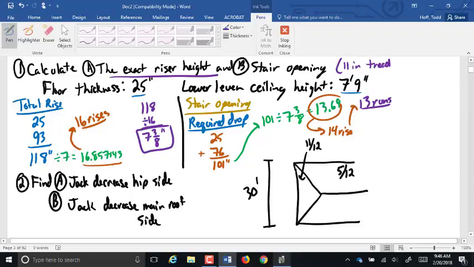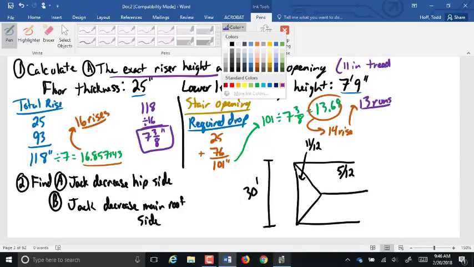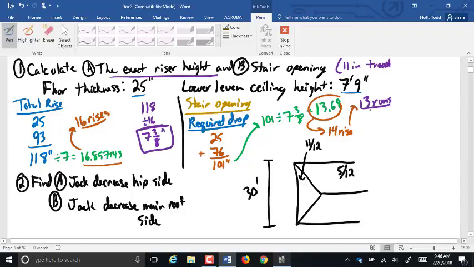If you're not given the tread, always assume 11 inches. If we're using an 11-inch tread, 13 treads times 11 inches is going to give us 143 inches, which is what? 11 feet, 11 inches. If you had it listed either way, as 143 or 11 foot 11, either one would be acceptable.